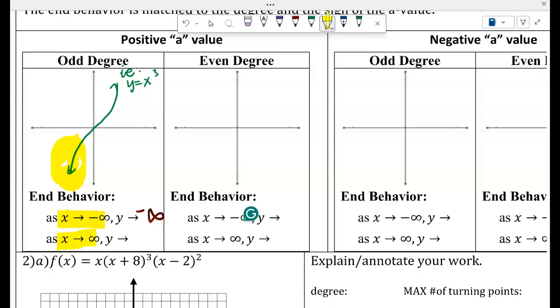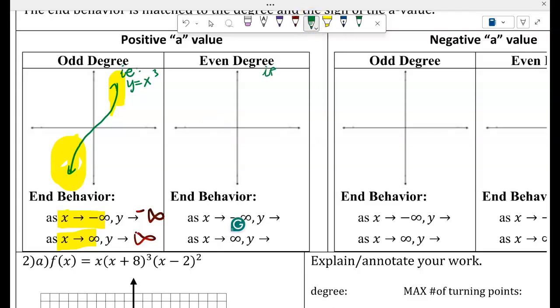When x is approaching positive infinity, remember, positive infinity is on the right side, so y is going up. So when it's an odd degree and A is positive, the x and the y are kind of the same. As x is approaching positive infinity, y is also approaching positive infinity.